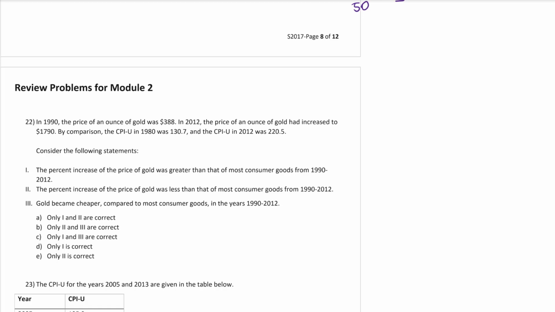So let's organize it. So we got the year 1990 and we have a year 2012. Let's look at gold. So gold went from 388 to 1790, while the CPIU, which is the index of the prices of goods, went from 130.7 to 220.5.